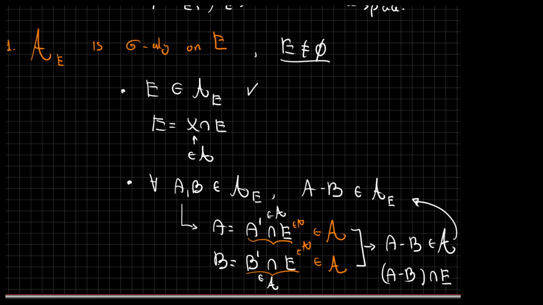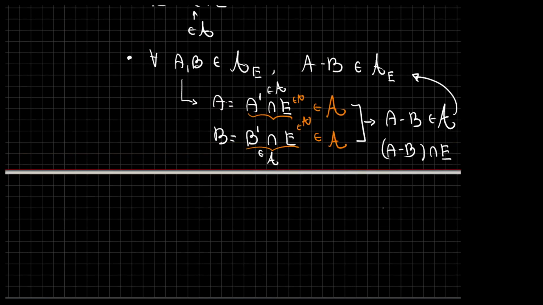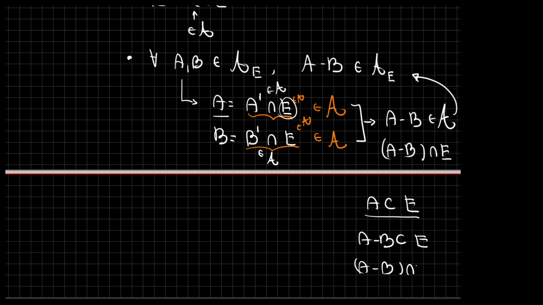Well, since A is a subset of E, because it is the intersection of some set with E, then this difference is also a subset of E. So if you intersect this with E, this will be equal to the same set, right?